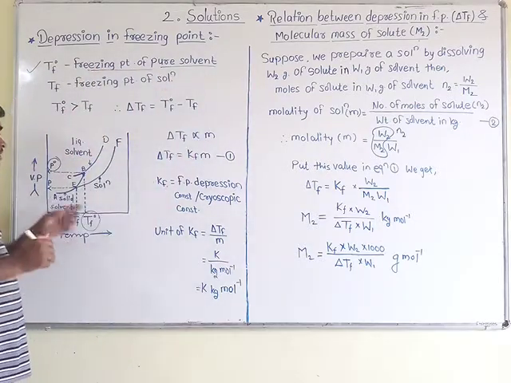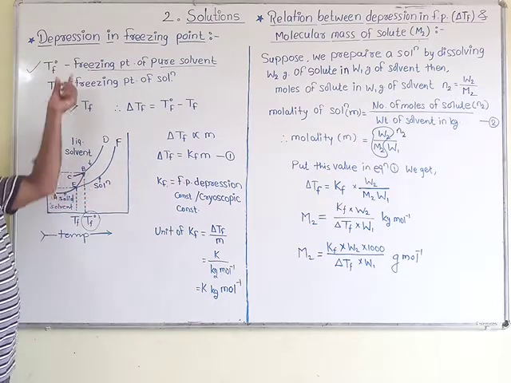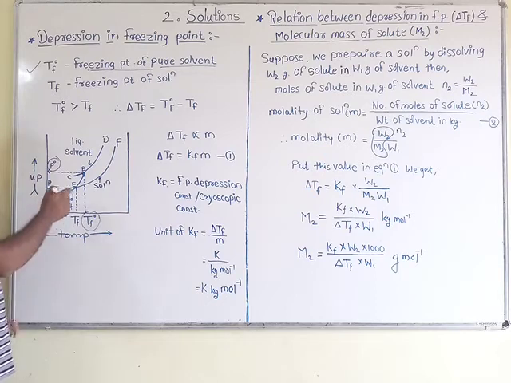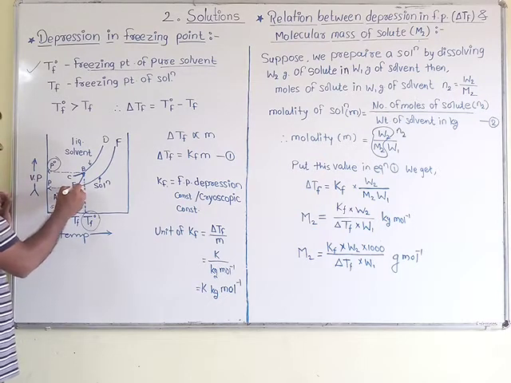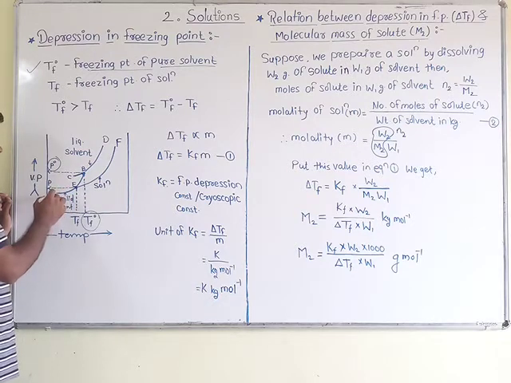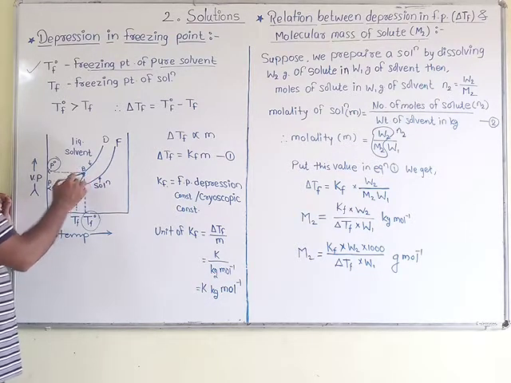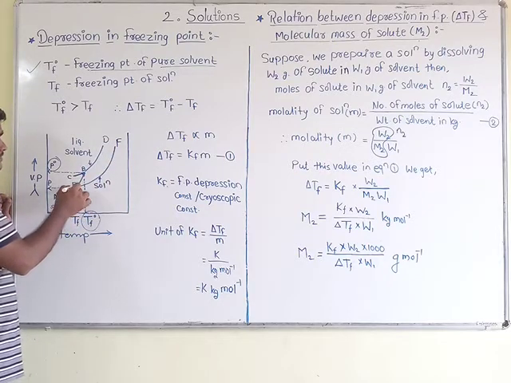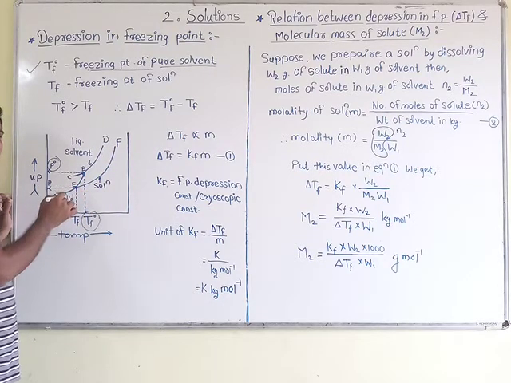From the plot we have determined the freezing point of the pure solvent, and now we are going to explain another point. If you look at this curve AB and curve EF, these two curves meet at a single common point.